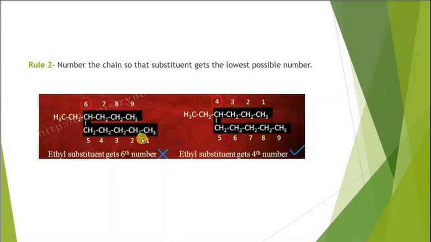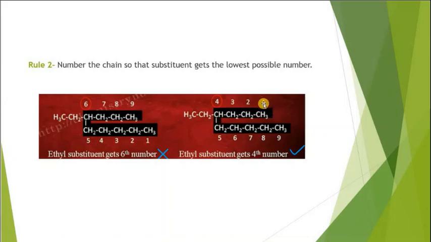We need to number the carbons of the parent chain so that the substituent gets the lowest number. So in this case, if I start numbering from this point, that is this carbon is numbered 1, this is 2, this is 3, 4, 5, 6, 7, 8 and 9. You can see at carbon number 6 there is a substituent which is called an ethyl group. It has 2 carbon atoms in it.